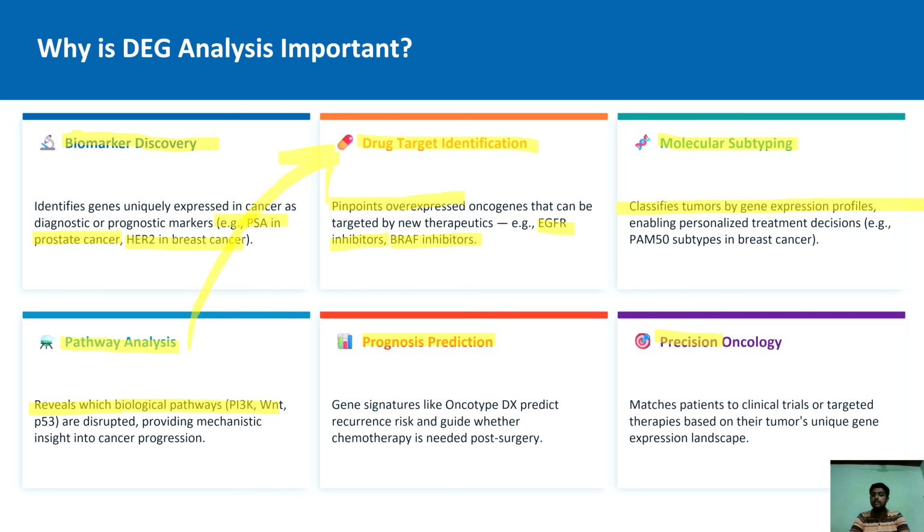Then precision oncology. Precision oncology means a patient-specific or gene-specific way. If in some patients the expression of gene A and gene B is suddenly increased and their survival is decreased, then for that group of patients we can give some inhibitors specifically, for inhibiting the disease progression.